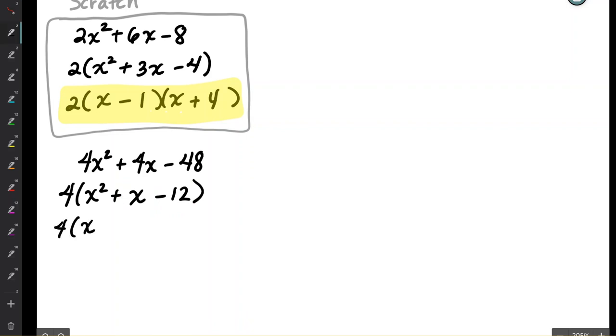And a -3 times a +4 will give me -12, and a -3 plus 4 will give me the 1x. Beautiful. Oops, but our color was green. Green.